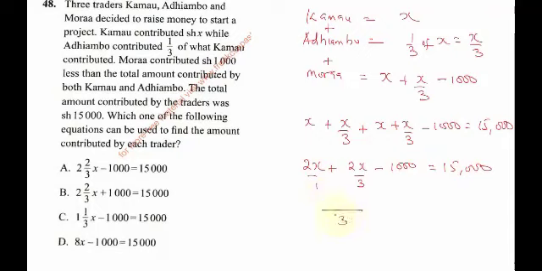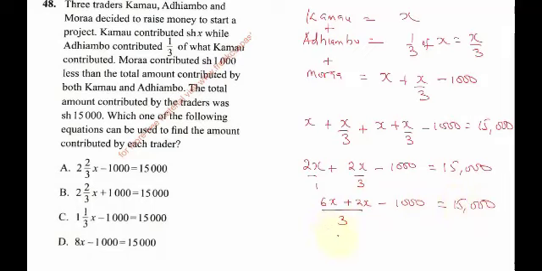That will be 3 into 1 is 3 times 2x is going to give us 6x. Now 3 into 3 here, it's 1. 3 times 2 is going to give us plus 2x. So minus 1,000, which is equal to 15,000 shillings.